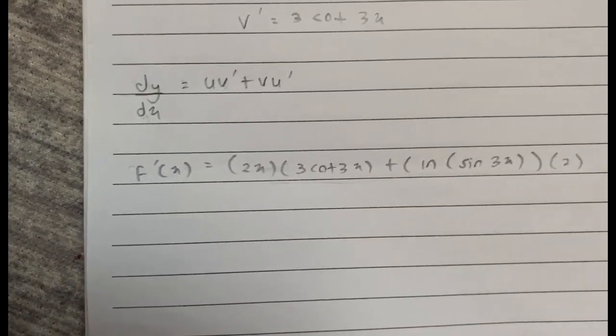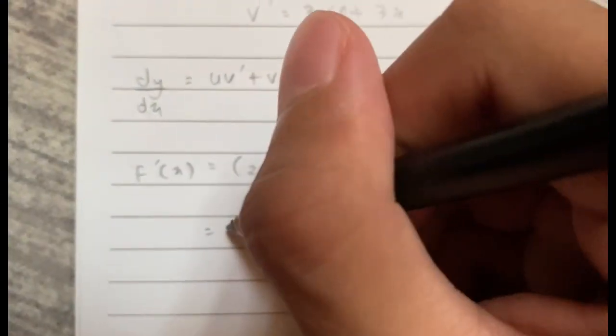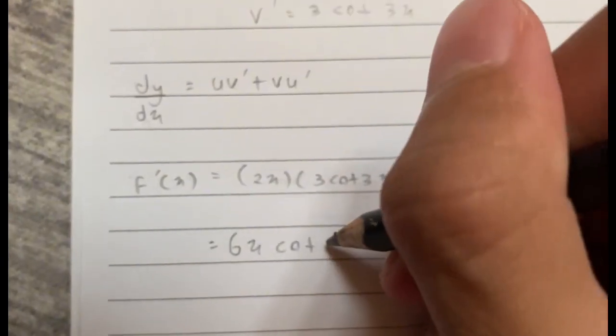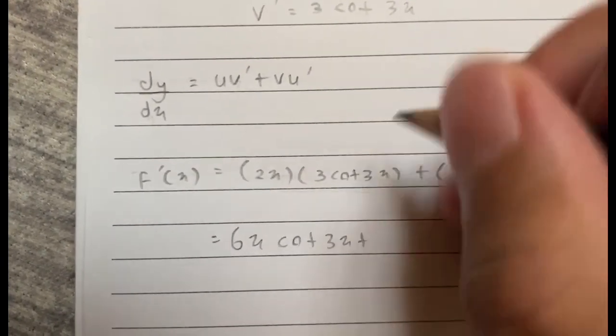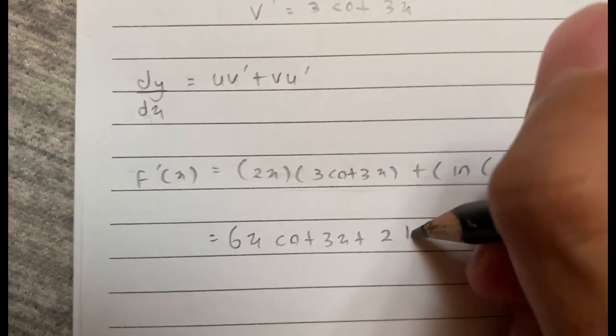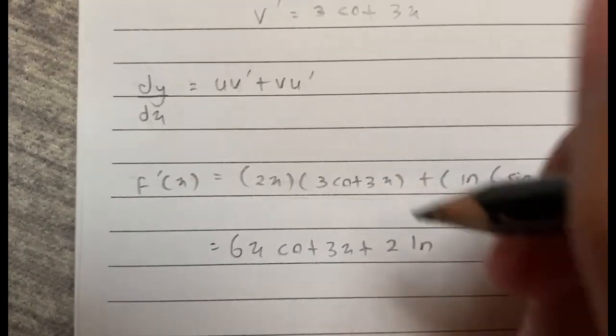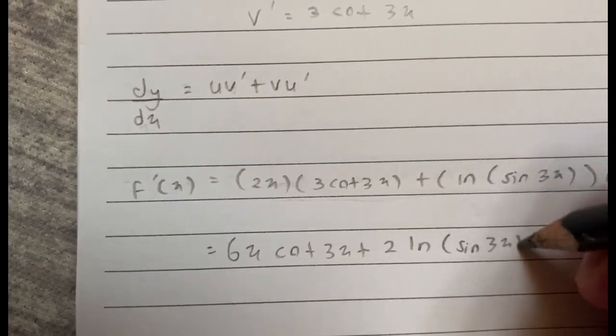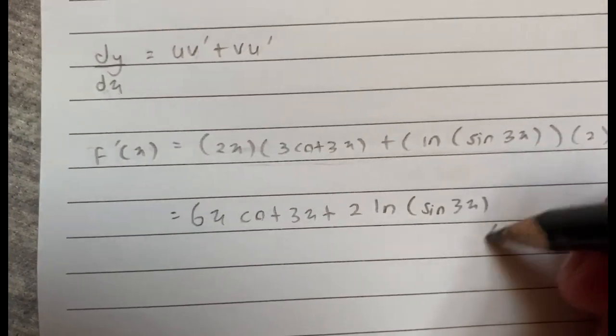We just need to expand this, and then we get 6x cot 3x plus 2 ln sin 3x. This is the final answer.